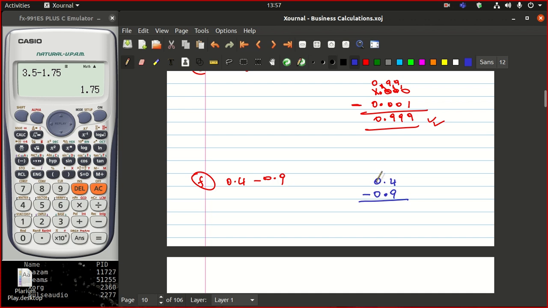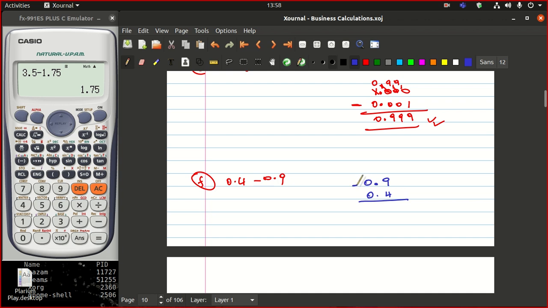So what you do in that case, if you cannot borrow anywhere on this side, or when you are trying to borrow something from this side, you end up changing this whole thing instead. Because I cannot subtract 0.9 from 0.4, I want to start by writing 0.9 instead and then subtracting 0.4 from it.